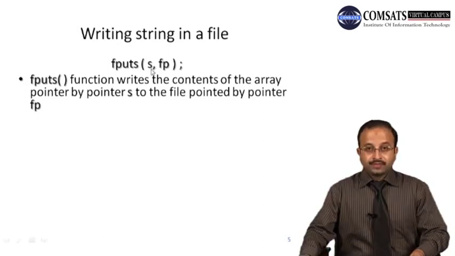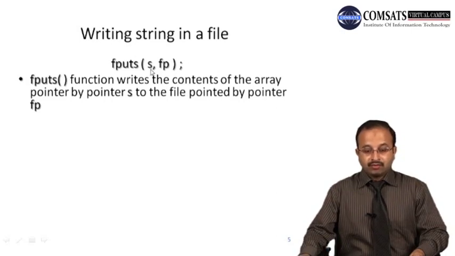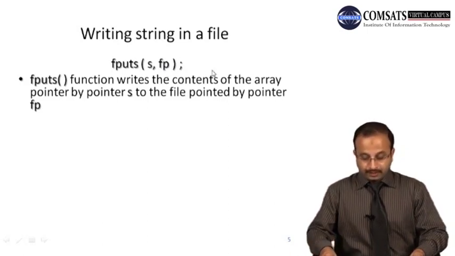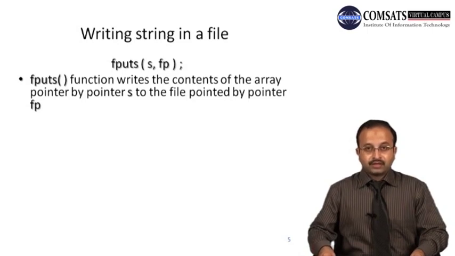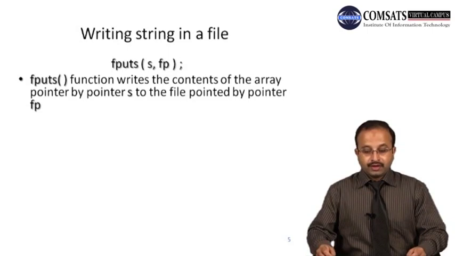So it reads from this memory address that is specified in the first parameter and writes in the second memory address that is also a file pointer, right? So fputs, file put string, put a string in a file, that is fputs. So it reads the content from the first parameter and writes the content in the second parameter.